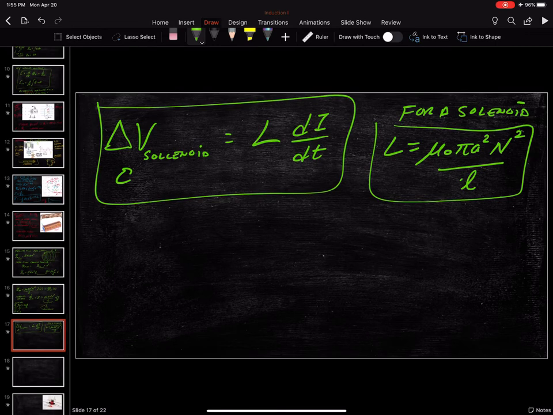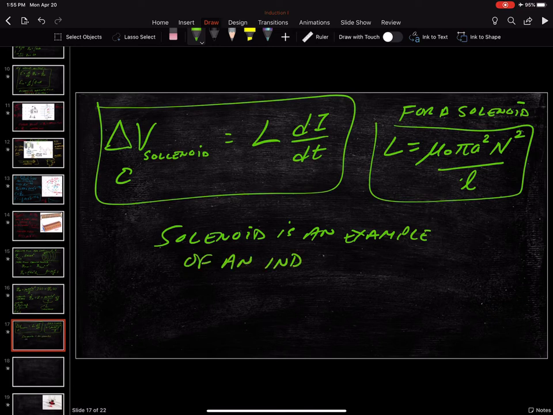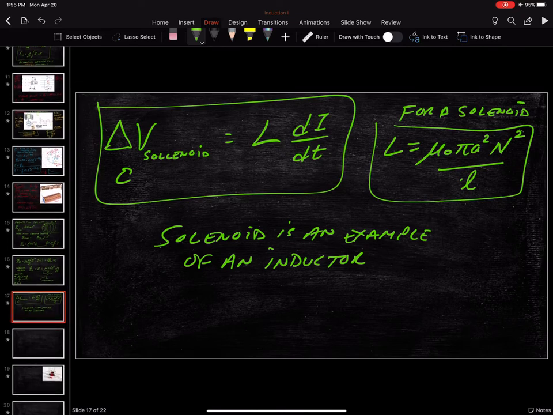A solenoid is an example of what's called an inductor. What's an inductor? An inductor is a very interesting device, and we're going to learn about the reasons for this when we talk about AC circuits.